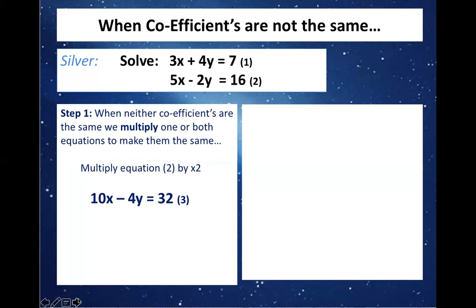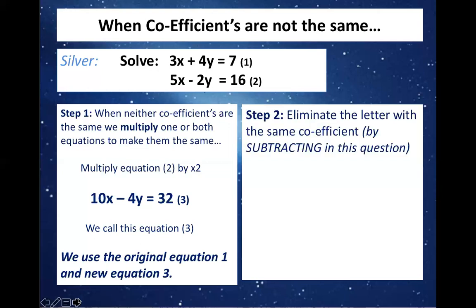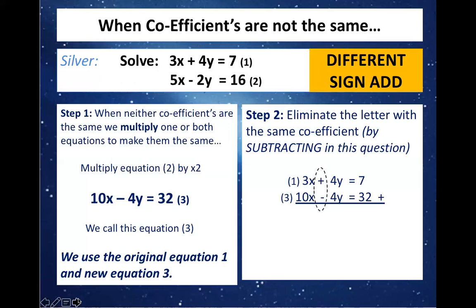So multiply equation 2 by 2. I'll get 10x minus 4y equals 32. Okay, so that's equation 3. So now equation 1 and equation 3 have a coefficient of 4 for the y value. So I can eliminate it by adding them. Remember, different signs I add.